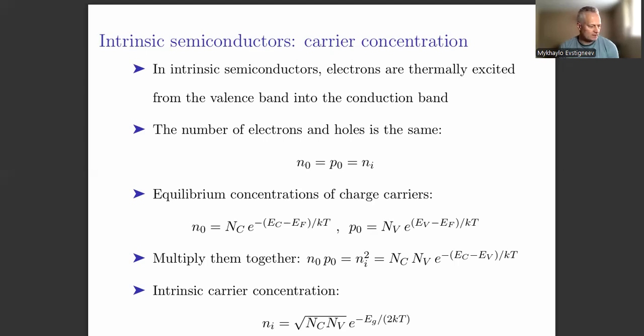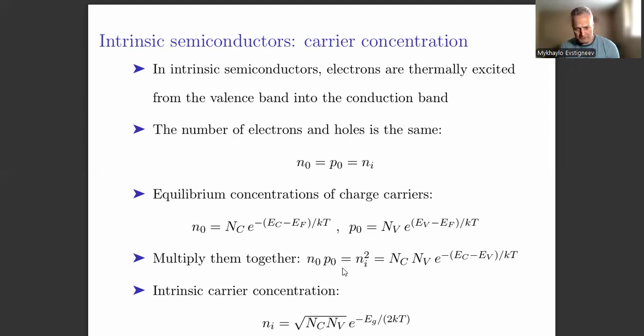The second comment that I wanted to make is about this product, n naught p naught is n intrinsic squared. Notice that the product n naught p naught has the same value, n intrinsic squared, no matter where your Fermi energy is. It is possible to control the concentration of electrons and holes by introducing impurities, by doping the semiconductor.